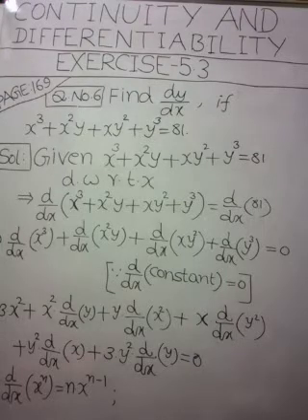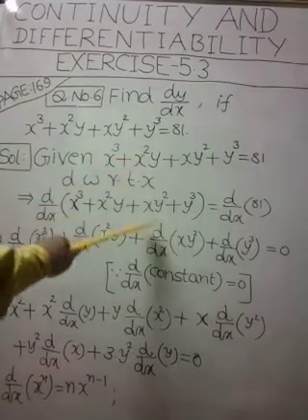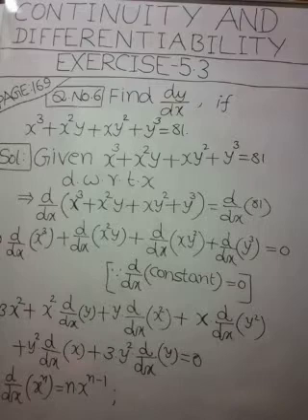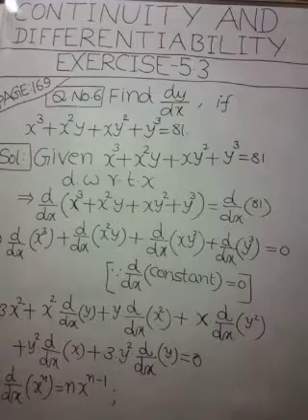So you try question number 4 and question number 5 after seeing the solution of question number 6. The two questions are the same as question number 6. That is why I am explaining question number 6.